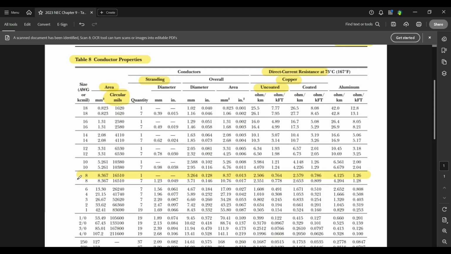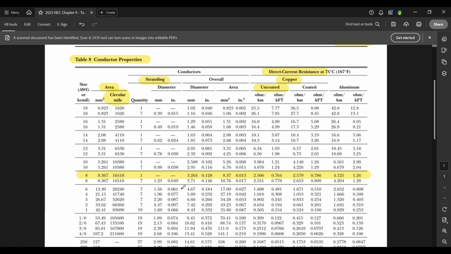So again, looking at our example of this number 8 wire, we see it has a circular mill of 16,510, and if we were using our uncoated ohms per kilofeet, it's 0.764. Those are the two numbers we're concerned about when we're doing our calculations for this.